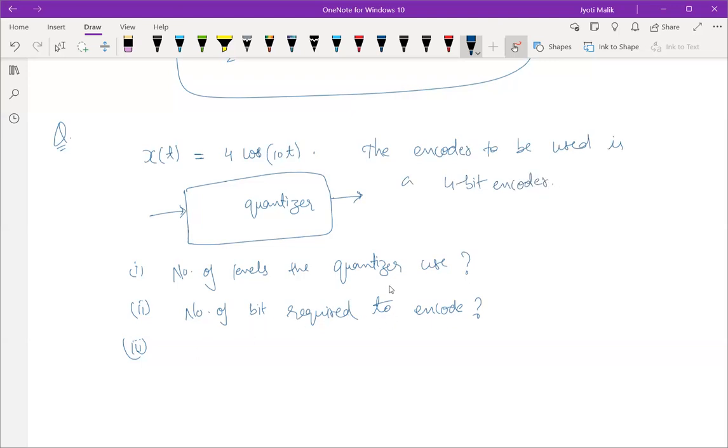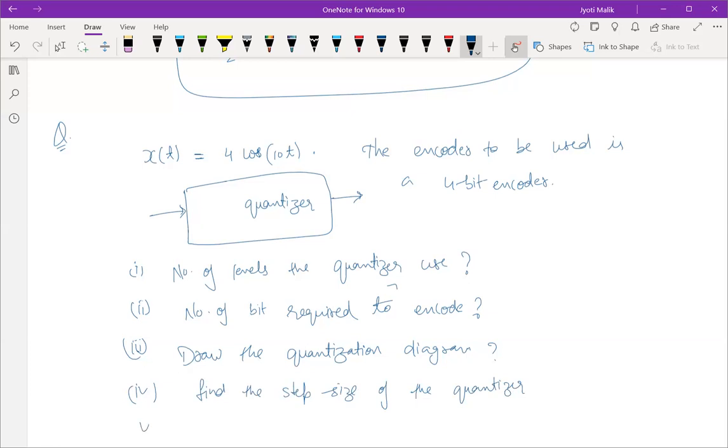Number of levels the quantizer will use, number of bits required to encode, and draw the quantization diagram. Find the step size of the quantizer.